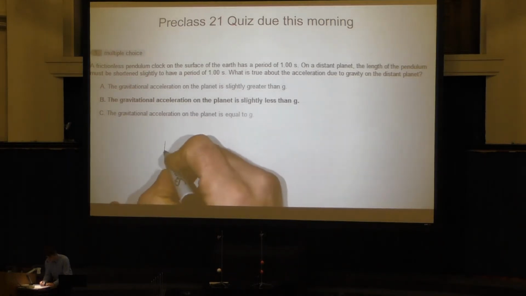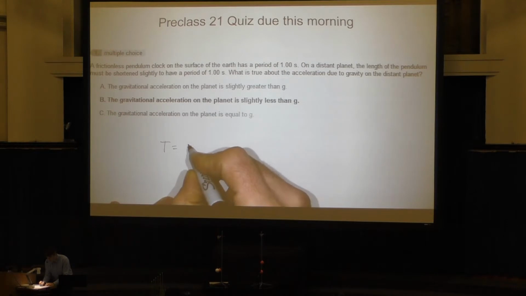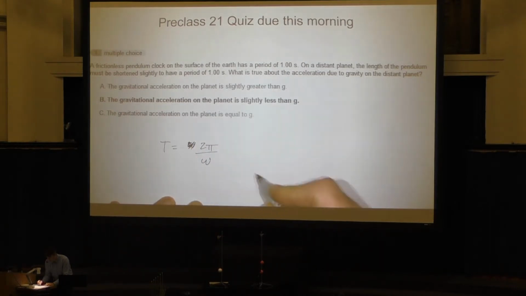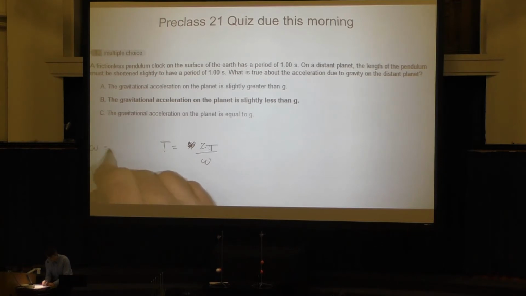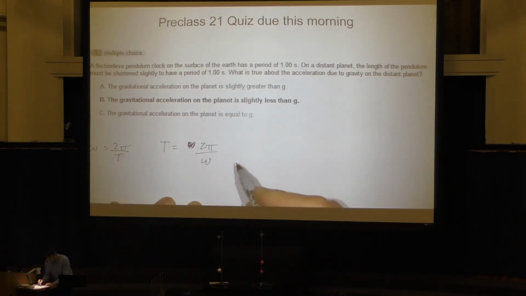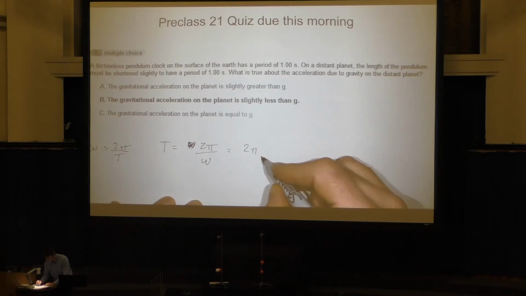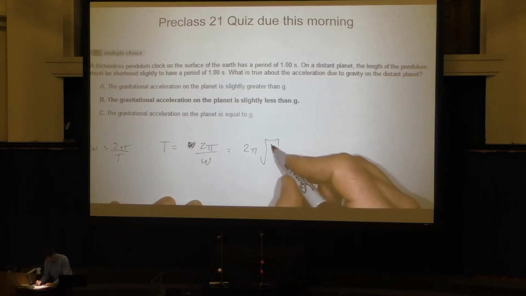So the period, remember, is equal to 2 pi divided by omega, because the whole definition was that omega is 2 pi divided by period. And so that's going to be equal to 2 pi times the square root of L over g.